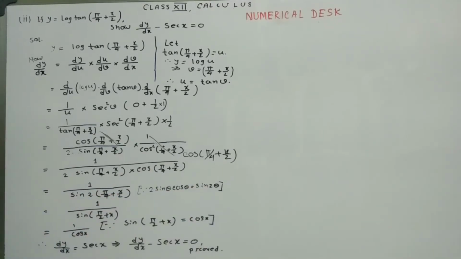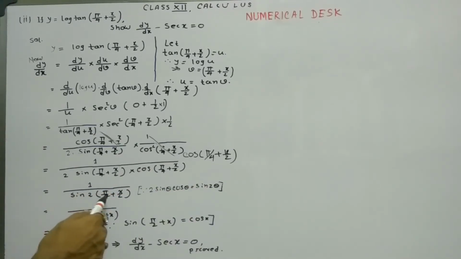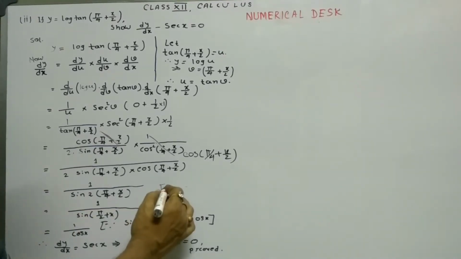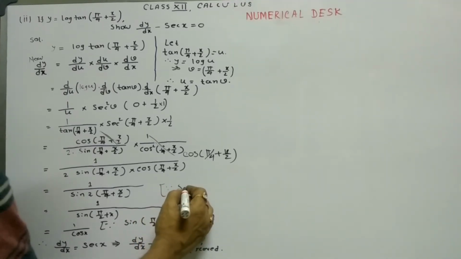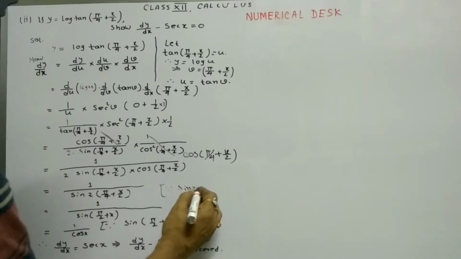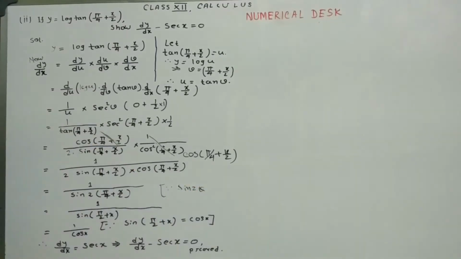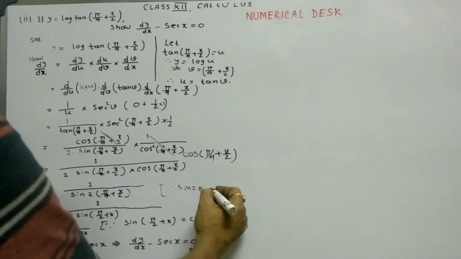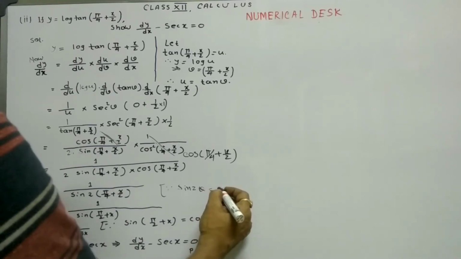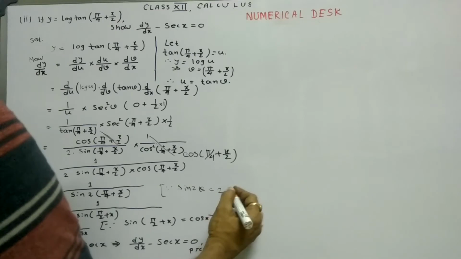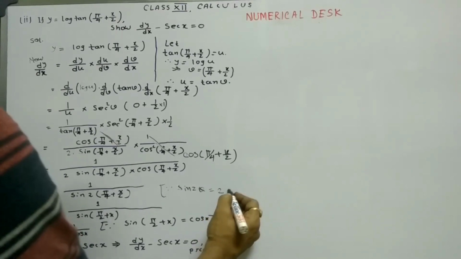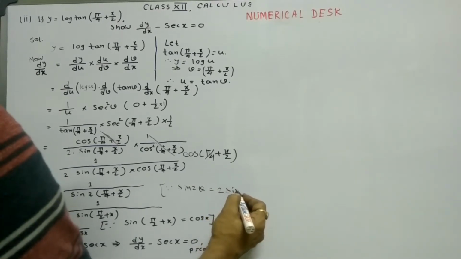Now, 2 sin theta cos theta is equal to sin 2 theta, so we can write down that sin 2 theta equals 2 sin theta cos theta.